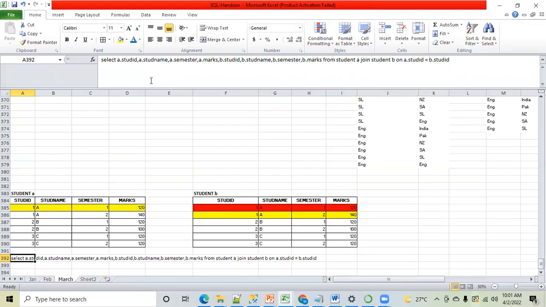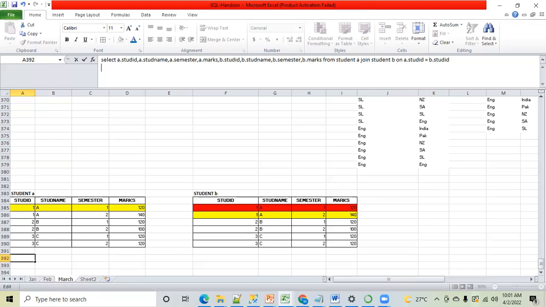Then we have to add one more condition, on semester 1 and semester 2: A dot semester is less than B dot semester. This is where you have to think logic, and this is where the company will pay you. You have to apply your brain.